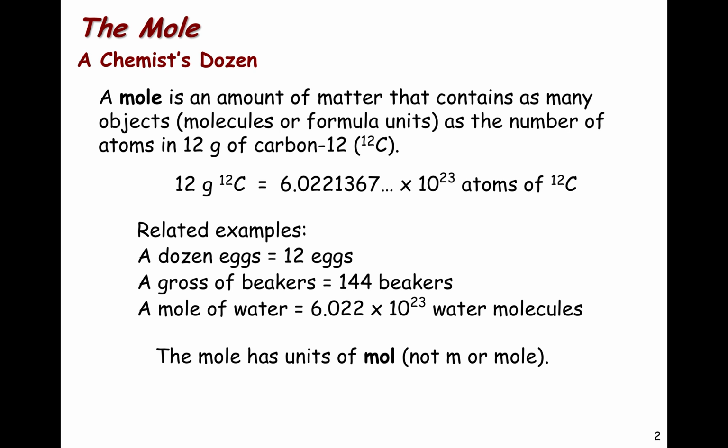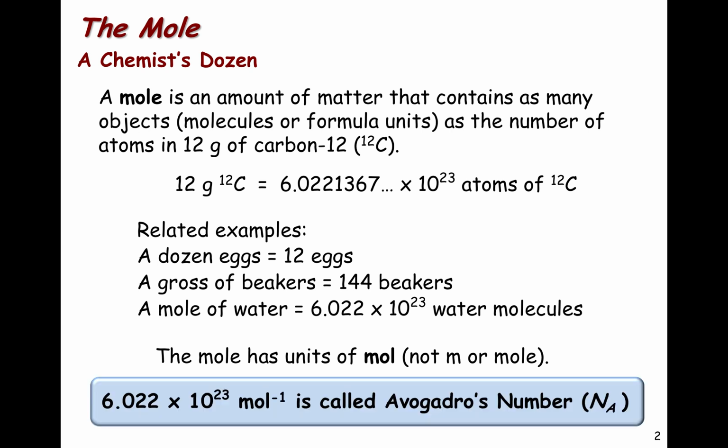For example, we may have 144 beakers. That's not a very convenient number, so we call that a gross. And then for exactly the same reasons, Avogadro's number is not a very convenient number, so we simply turn that into something that we call the mole.